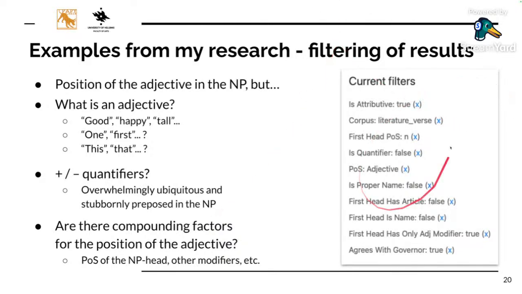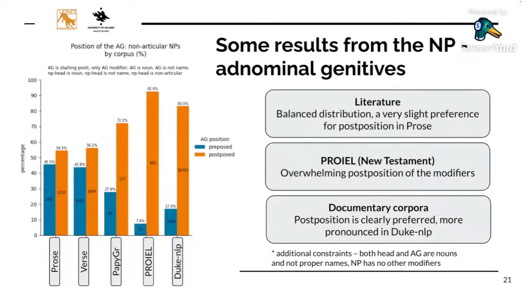So here are actually the current filters that I have applied to look at adjectives for this troublesome chapter that I'm writing. And these all work well enough to give me the least false positives and hopefully also the least false negatives. And here are some results from nominal genitives, for example, again, very quickly.